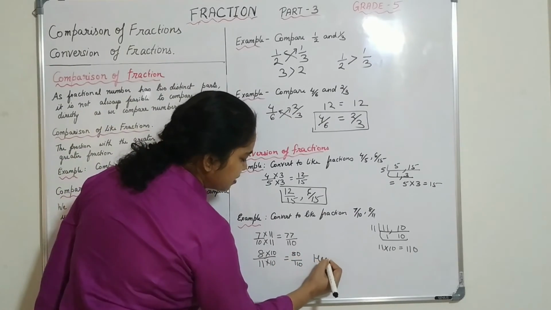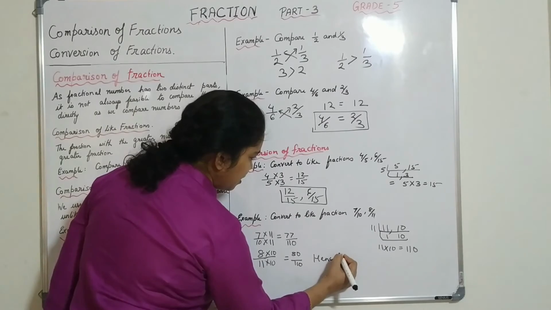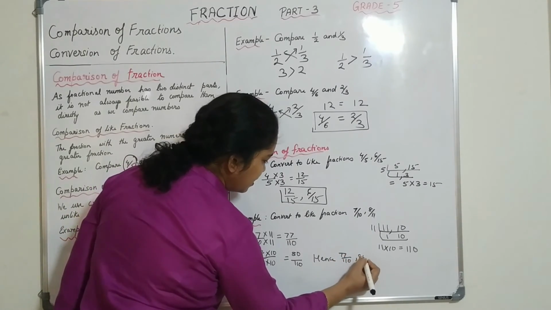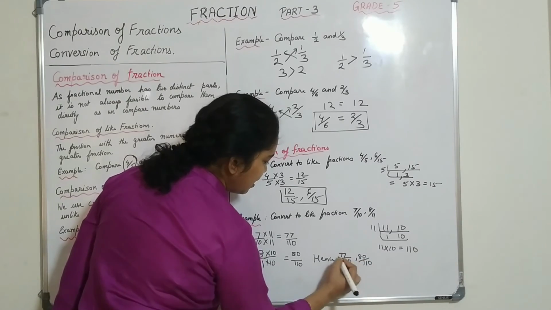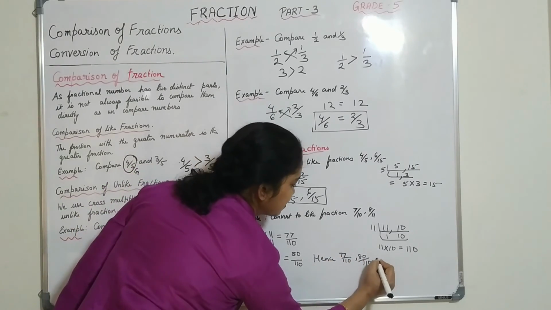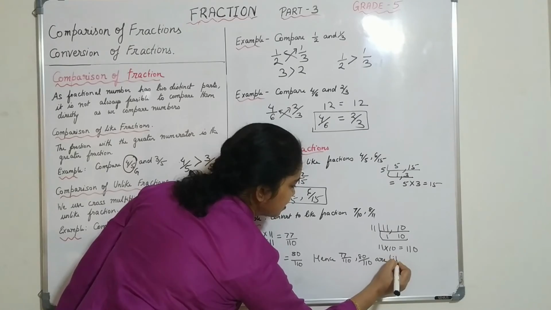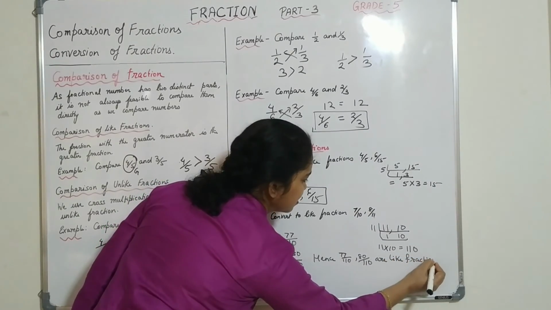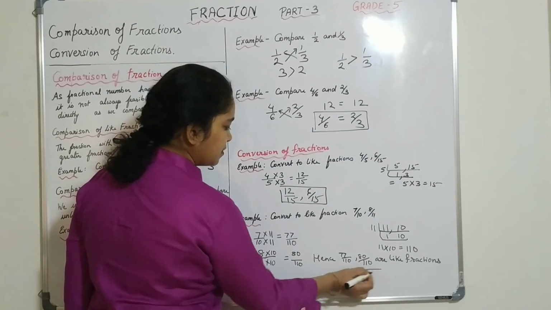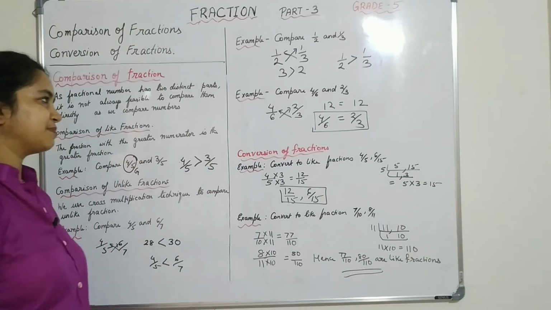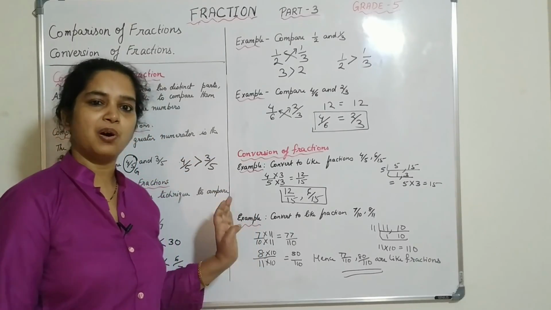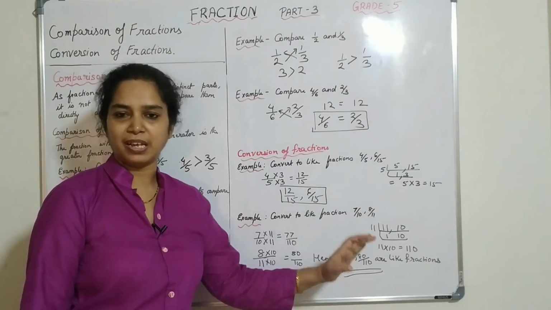Hence 77 by 110 and 80 by 110 are like fractions. I hope this is clear. So in this way we can do the conversion of unlike fractions into like fractions.